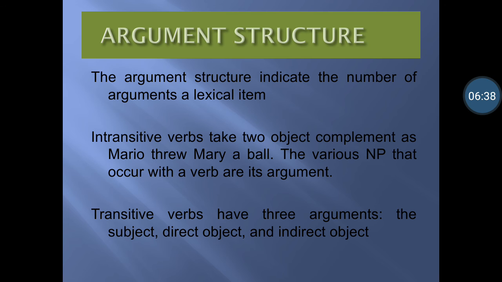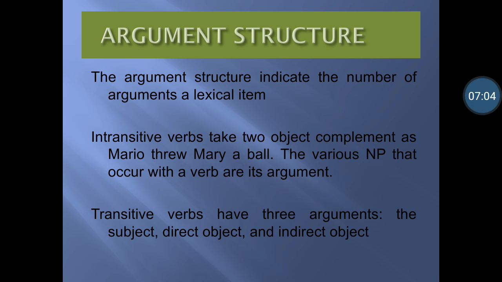Let's continue. The second subtopic that we have here is argument structure. The argument structure indicates the number of arguments a lexical item has. Ditransitive verbs take two objects as complements, as in Mario threw Mary a ball. The various noun phrases that occur with a verb are its arguments.